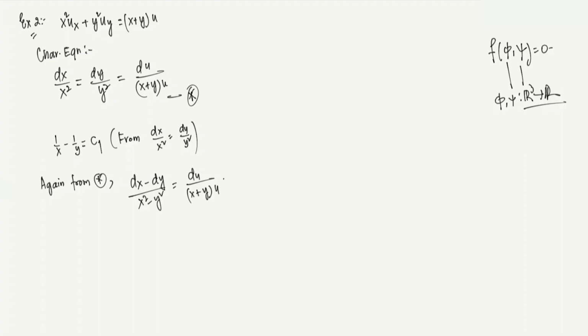If we do it like this, this implies d of (x minus y) by (x minus y) equals du by u, and that will imply (x minus y) by u is C2.